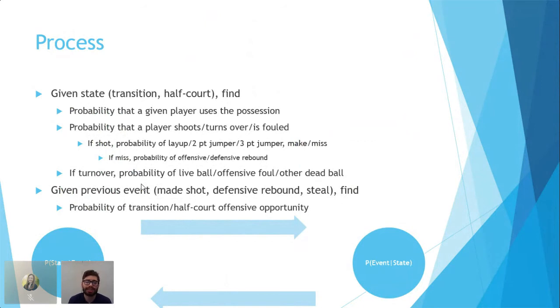Looking through every team's roster and all of their statistics, you can find the probability that a given player on a team would end up using the possession, the probability of them doing a given action when using that possession, and then as these actions unfold, the ensuing events. And then given whatever that event is, finding the probability of the next state, whether it be transition or half court opportunity, based off of the previous event.